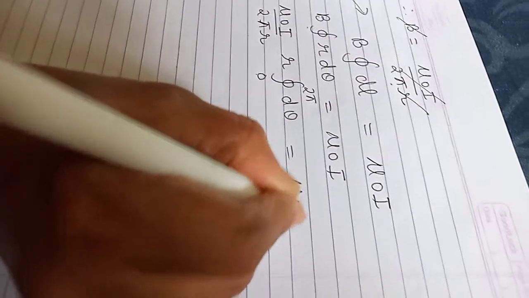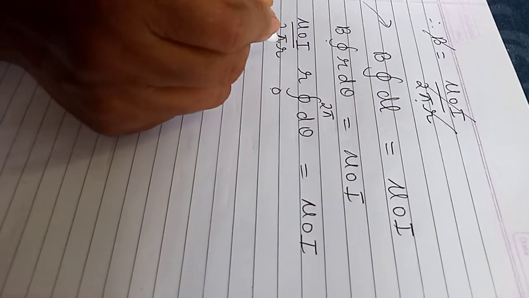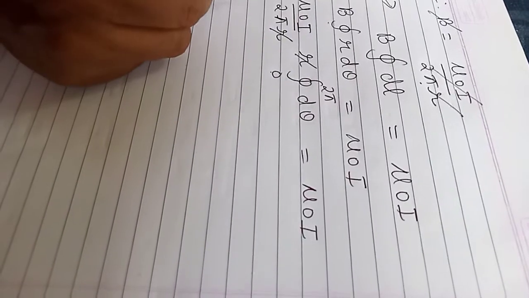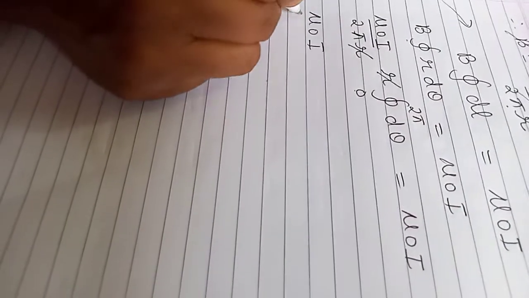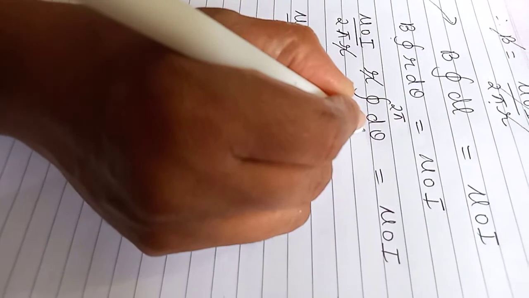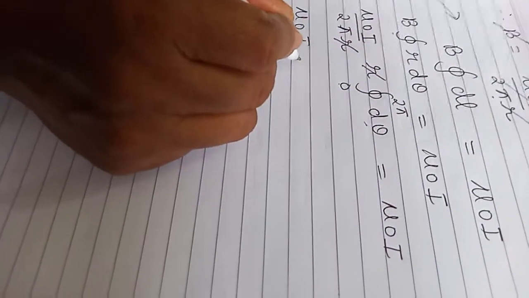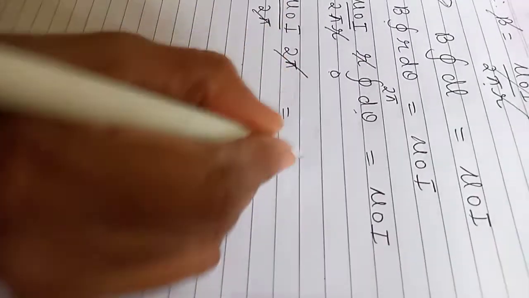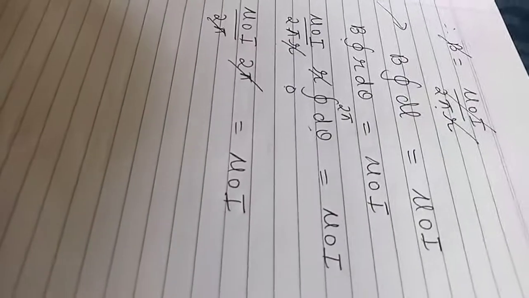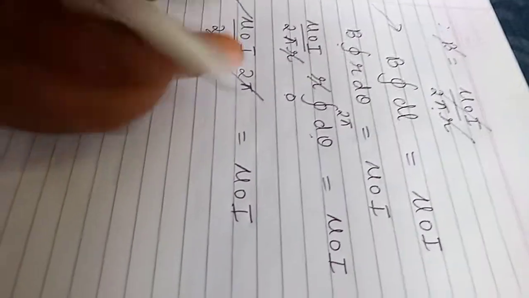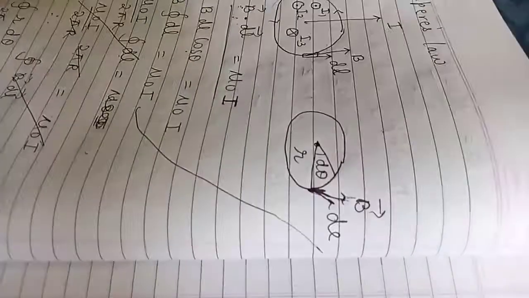We are going to prove that it is mu naught I. Cancel mu naught I upon 2 pi r. Integration of d theta from 0 to 2 pi is again 2 pi. What have we proved here? Mu naught I is equal to mu naught I into 2 pi divided by 2 pi, which is mu naught I. We are getting LHS is equal to RHS.